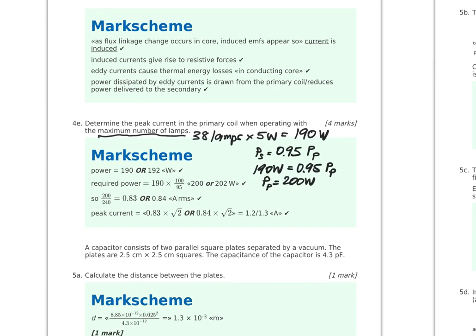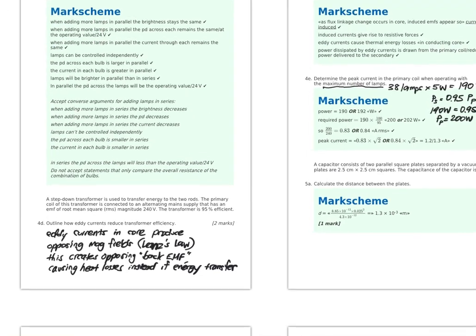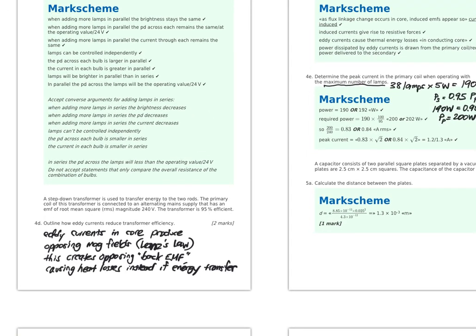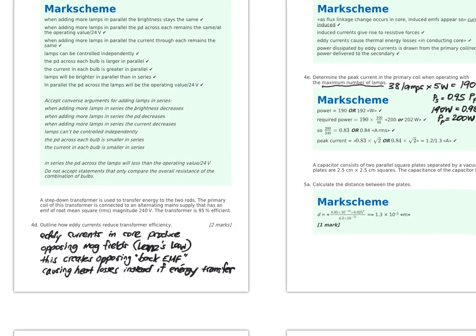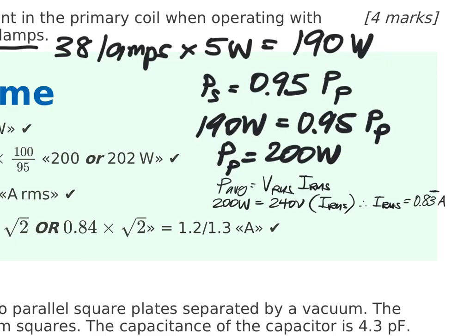Now it's not asking for the power, it's asking for the current. So I do know that the voltage in the primary coil has a root mean square value of 240 volts. And so if we do P equals VI for the primary side, using the RMS voltage and the average power, because we're dealing with RMS voltage, we get RMS current of 0.83 amps.